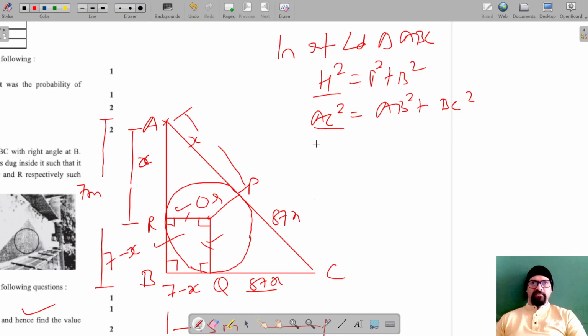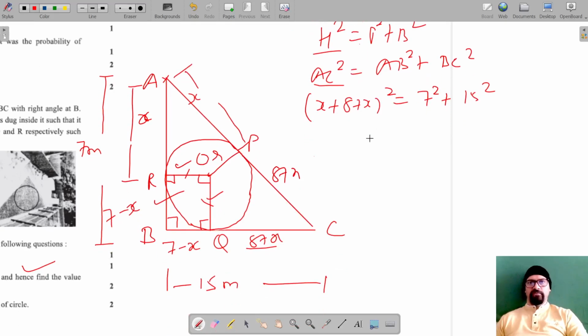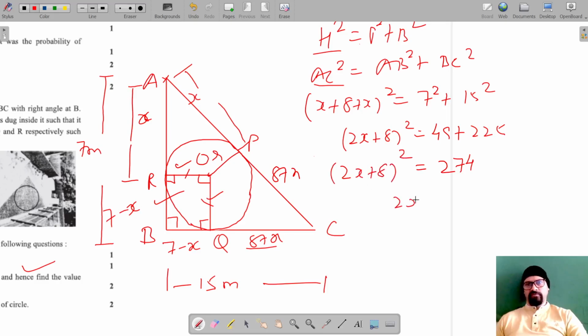Now AC, I can write as X plus 8 plus X, the whole square, plus AB square, 7 square, plus BC square, 15 square. So 2X plus 8, the whole square. 7 square is 49, 15 square is 225, so this is 274. So 2X plus 8 the whole square is equal to 274.